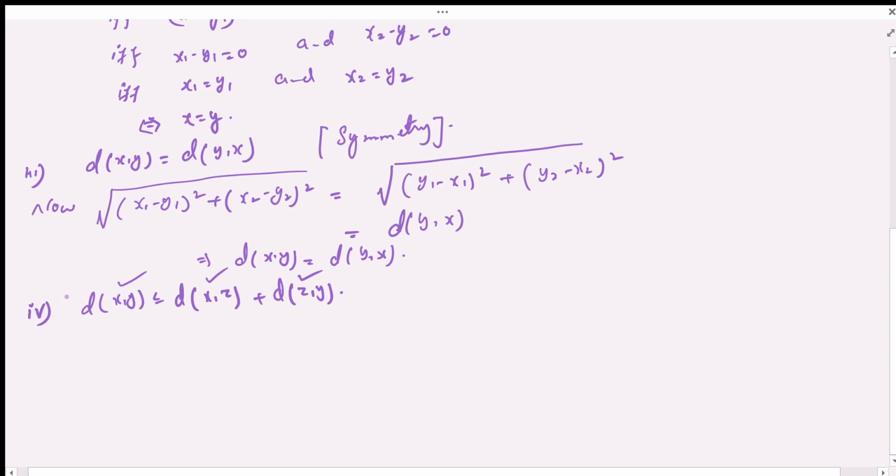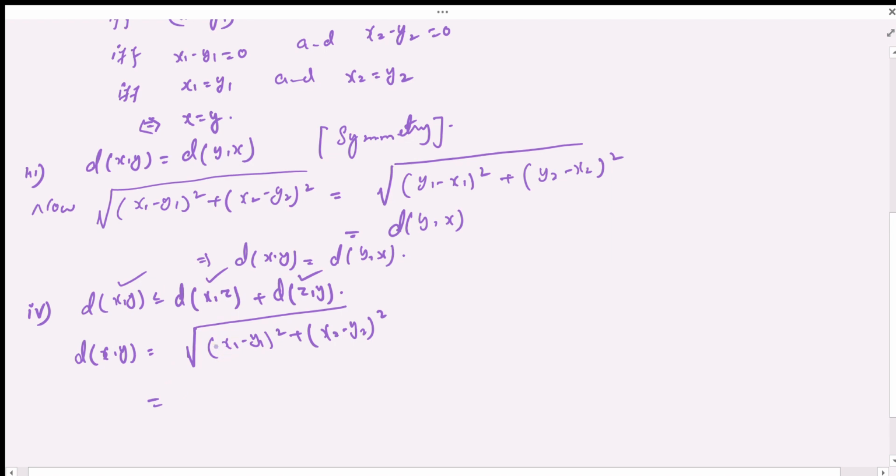I can easily write d(x, y) as the square root of (x1 minus y1) whole square plus (x2 minus y2) whole square. Further, I can make it simple. Look carefully.